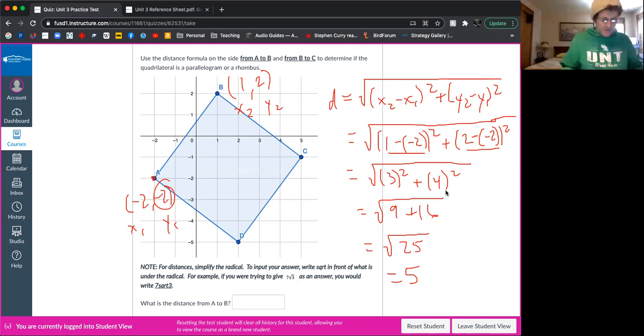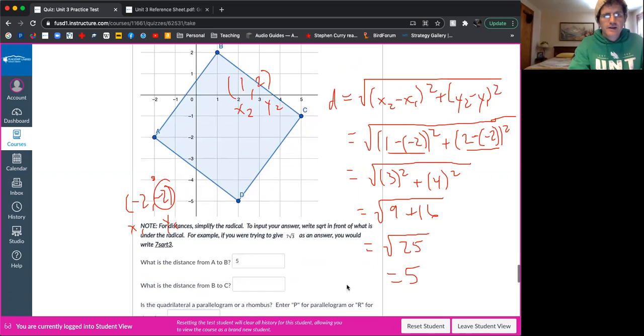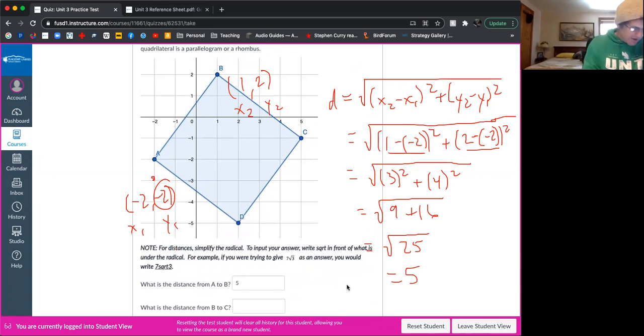All right. So at this point, I'm just going to plug in 5. Now I'm only going to solve it one time. So the distance from A to B is just 5. I ran through the distance formula to find that. All right, and then I would go and find the distance from B to C. And we've already gotten practice with how to use the distance formula, so I'll let you guys do that part.